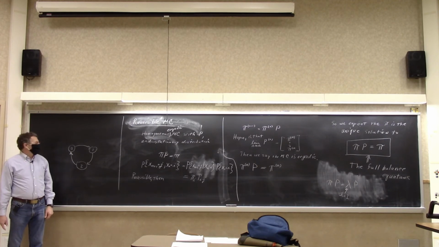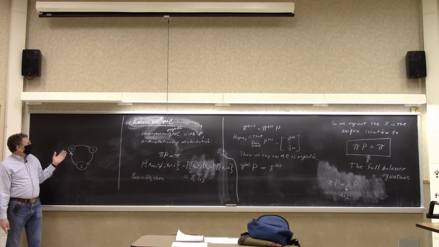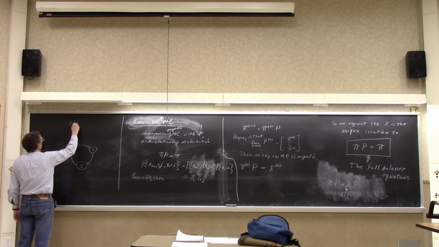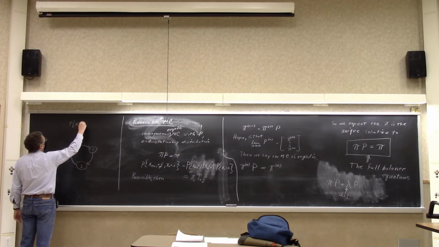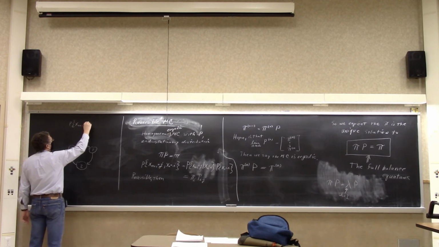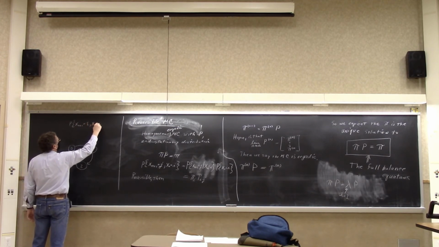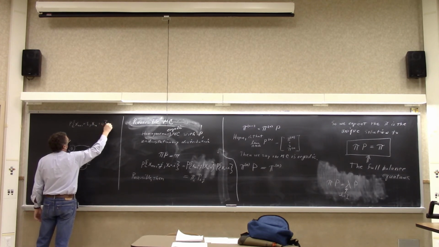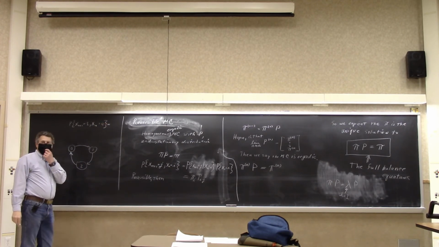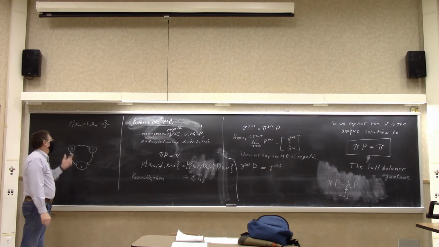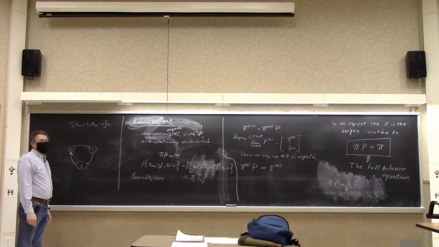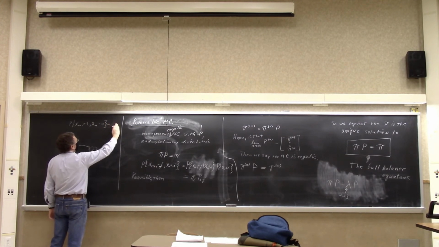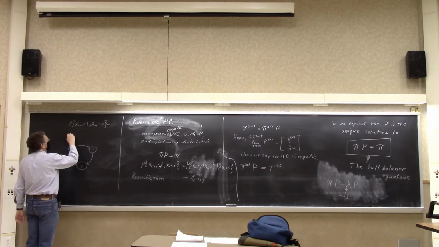It's not reversible because the probability that X_{n+1} equals, say, 1, and X_n equals, say, 0, that's equal to what? It's like 1/3.